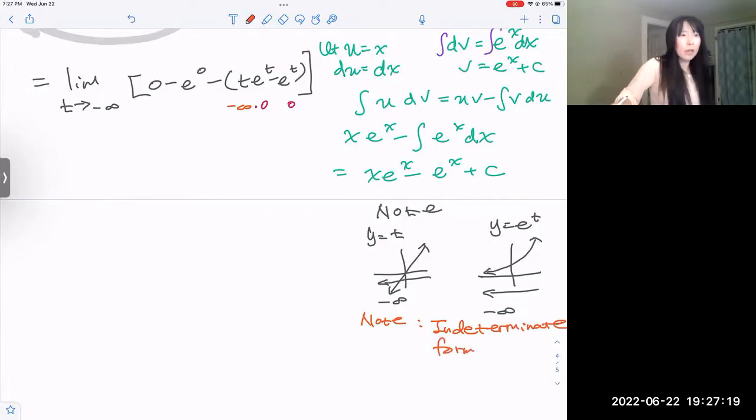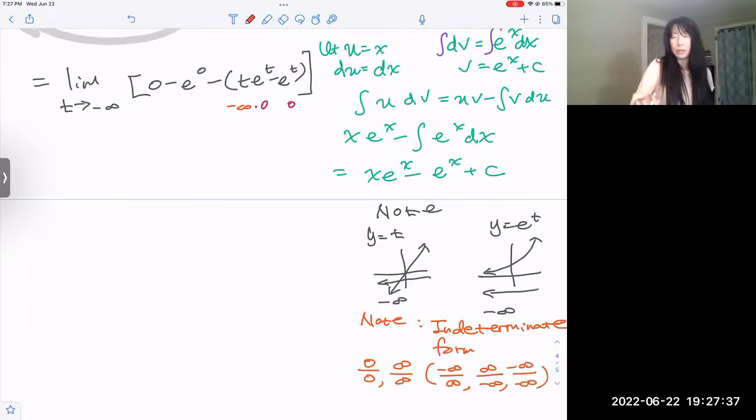So we have this kind of form: infinity over infinity, or infinity over negative infinity, or negative infinity over negative infinity.